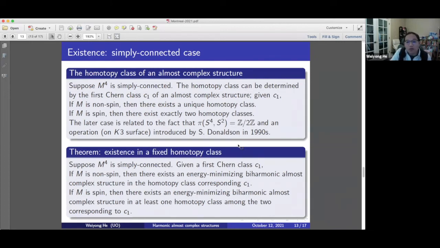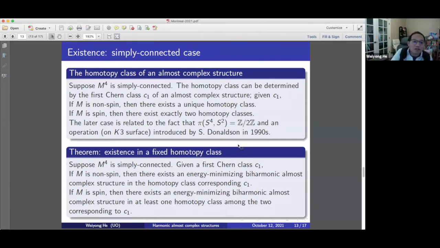Then the homotopy class of an almost complex structure is essentially determined by the first Chern class and also the spin structure. That is the delicate part that I do not really understand. And to make things worse, there are contradicting results from specialists and top experts in the subject. So we will see.